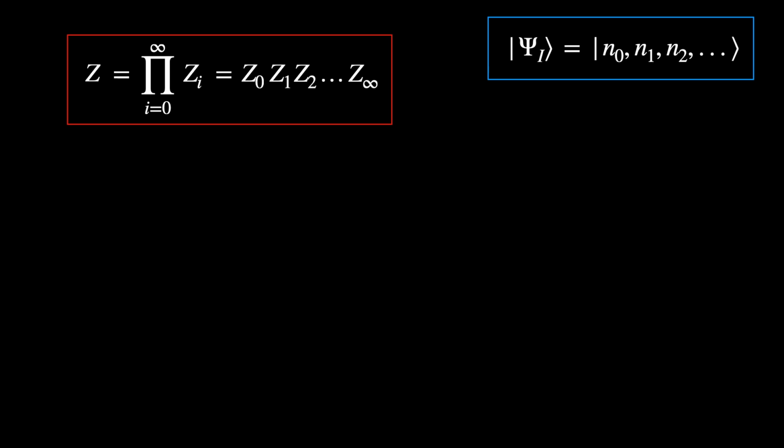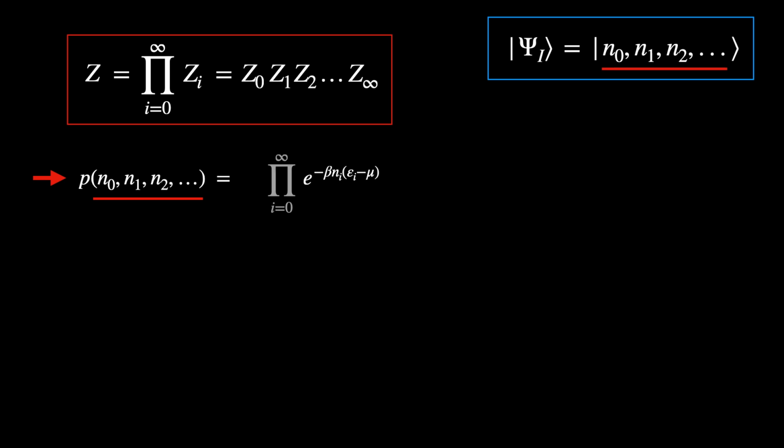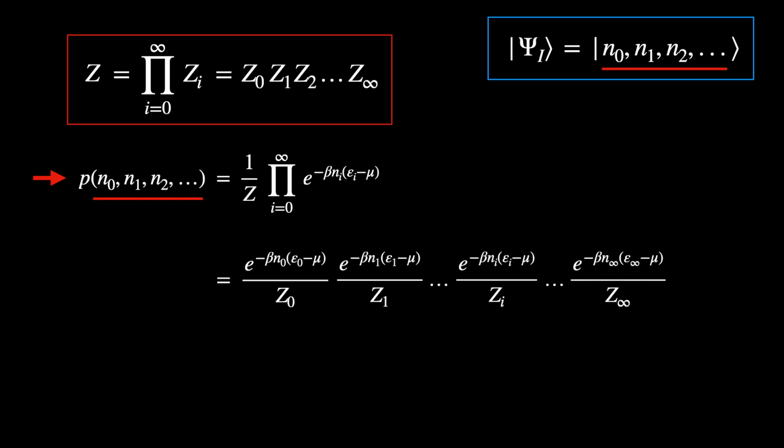Now, if we look at the probability for the system to be in a particular state, as in the blue box above, the Boltzmann weight associated with this state is also the product of all the contributions from each individual single particle state. This is the direct consequence of the total energy being just the sum of the energies of all the particles. As a result, this probability can also be written as the product of probabilities associated with each single particle state.